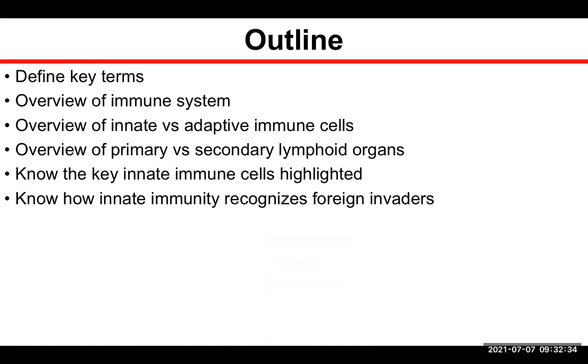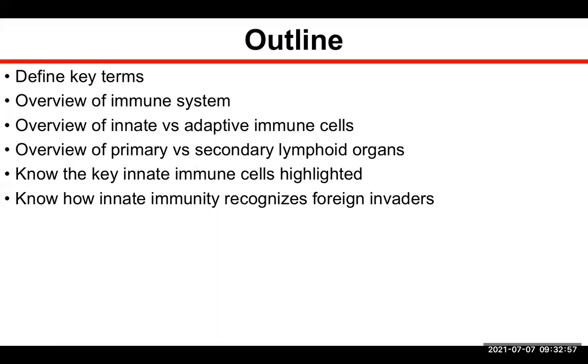So you guys all have access to the lecture slides. So if there's a word I'm saying over and over again and you're not sure what it is, refer to this next slide. I'm going to give you guys a brief overview of the immune system, but then I'm really going to focus on the innate immune system, and tomorrow will be more of the adaptive, and we'll connect those two.